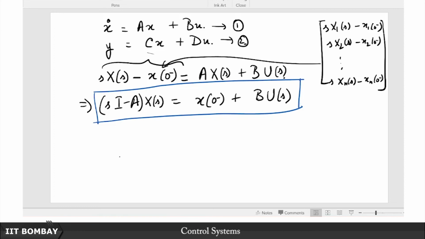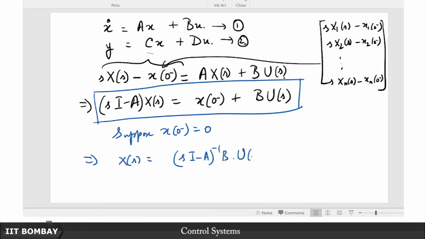Suppose x0 minus is equal to 0. This implies X(s) is equal to (sI minus A) inverse B times U(s), and this is indeed what we have been terming the zero state response.